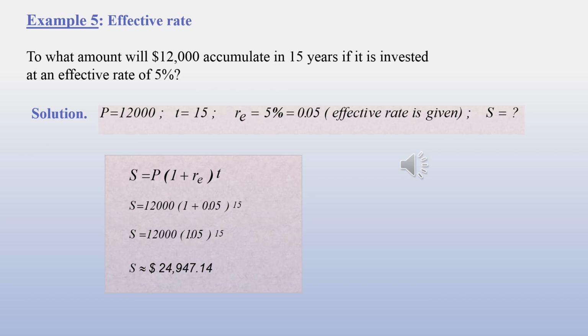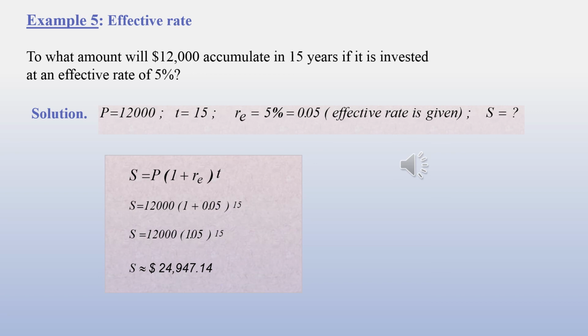The next variable that we know is Re, which is the effective rate, 5%, 0.05. So now here, effective rate is given, and we can see that the value of K, which is the number of periods that interest is calculated in a year, is not given.